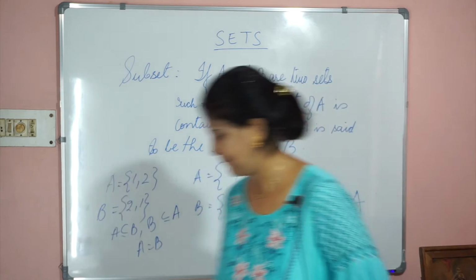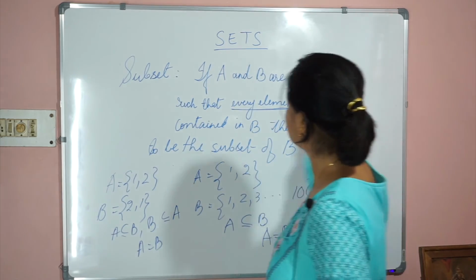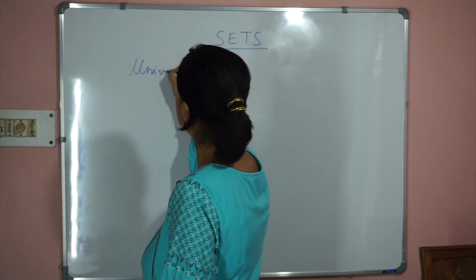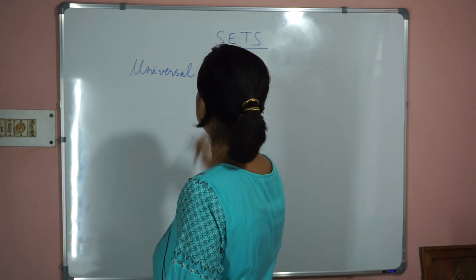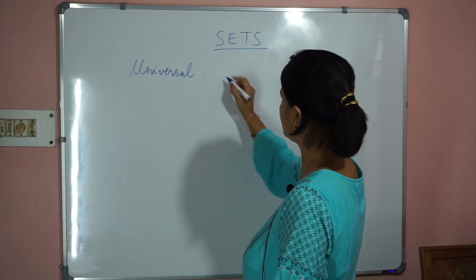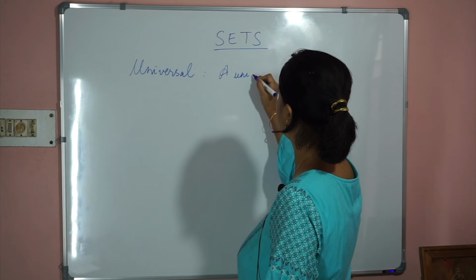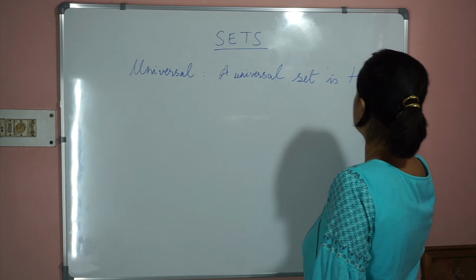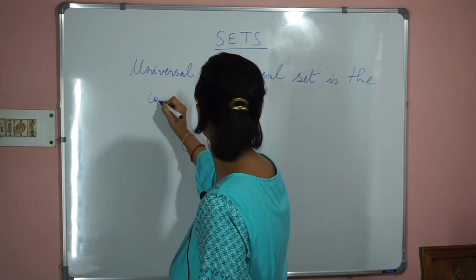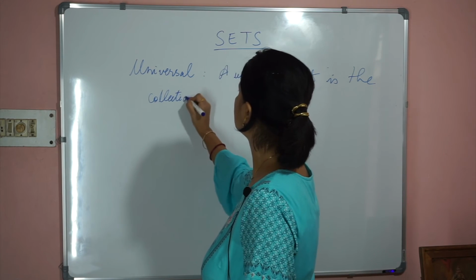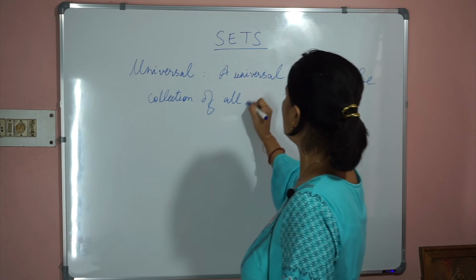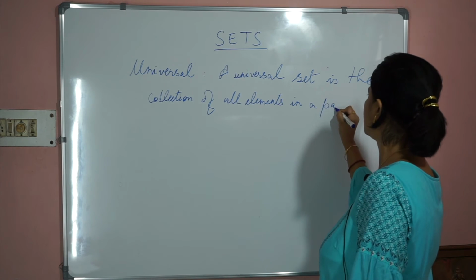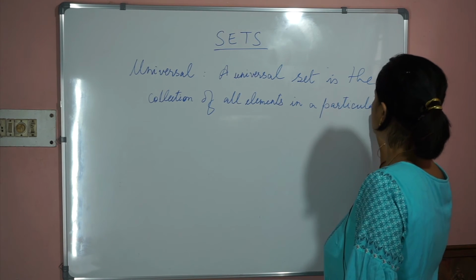Next, children, universal set. A universal set is the collection of all elements in a particular context.